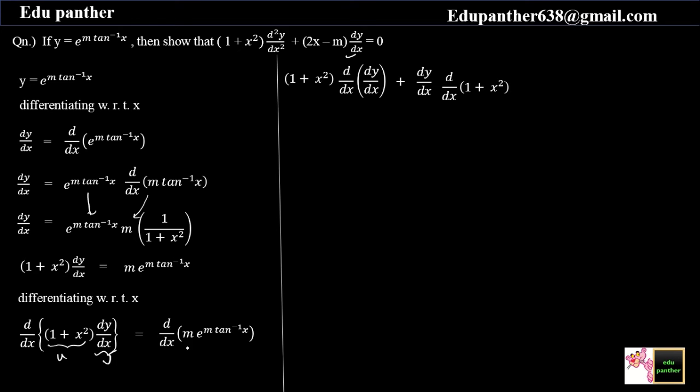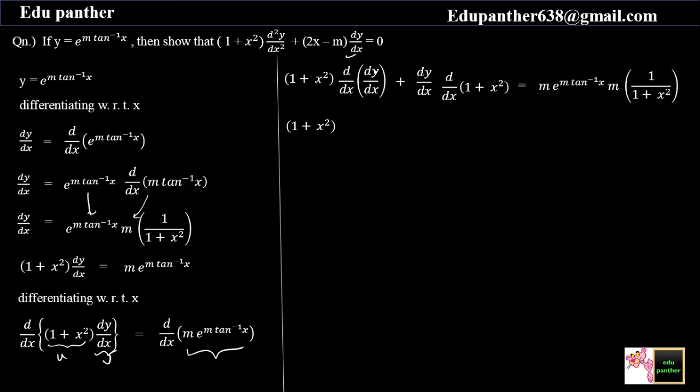Now the derivative of the right hand side we have differentiated here only. That differentiation will give us m into e raised to m tan inverse x into m into 1 upon 1 plus x square. Now simplify this expression. So 1 plus x square as it is.